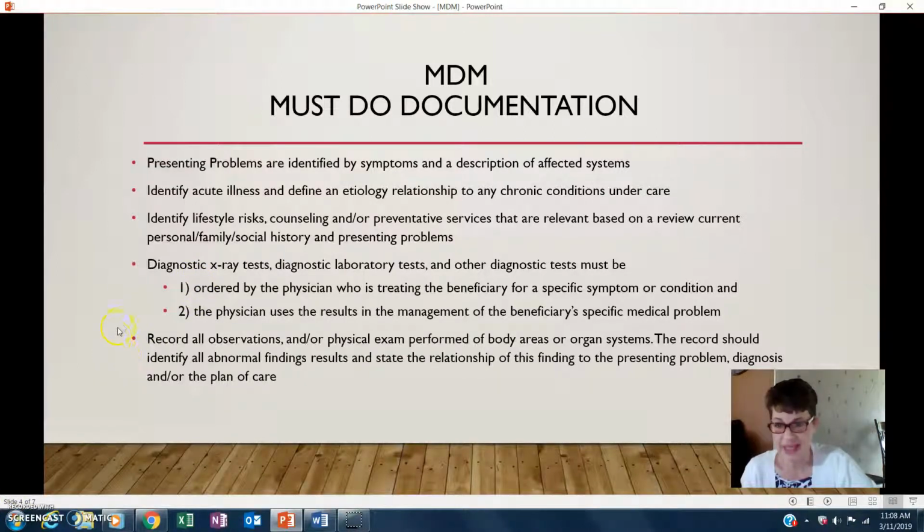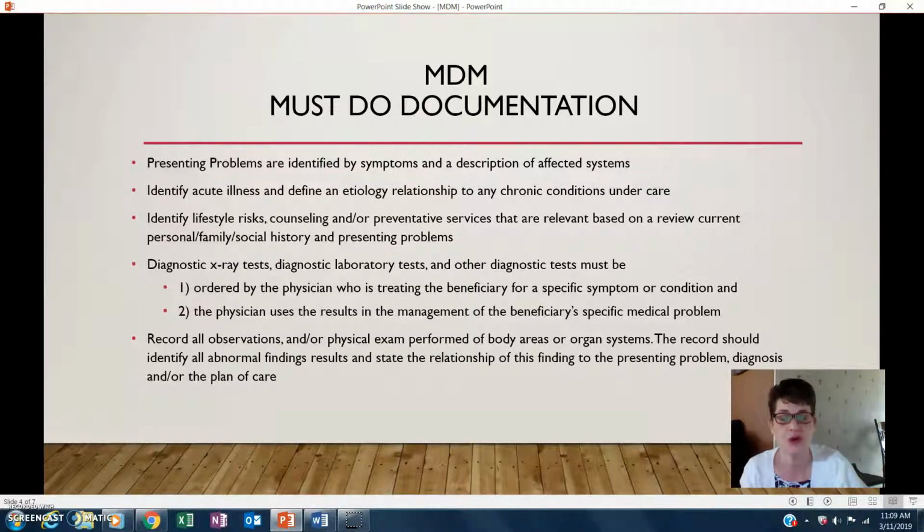I want to point out this last bullet especially and say out loud, all abnormal findings and results must have a stated relationship to an assessed diagnosis or a problem under care. It must be included with the plan of care. For example, if you are a diabetic and you require insulin, I would expect to see the name of the drug that you take every day, and I would expect to see the dosage of that drug that you take every day to monitor that problem.